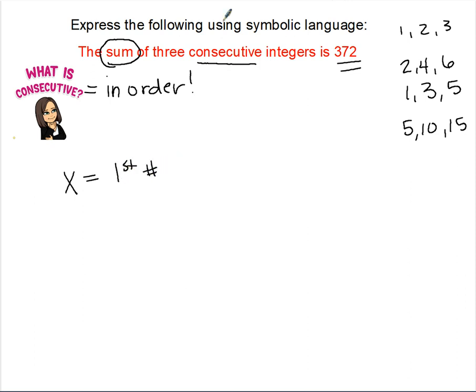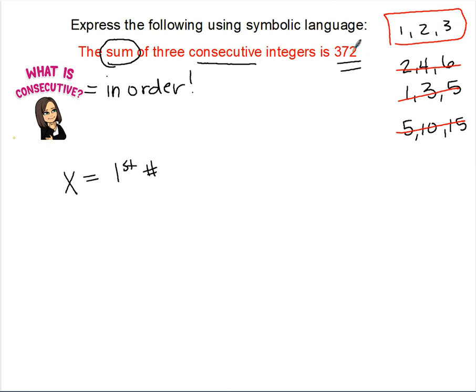Now, we know that there are 3 consecutive integers. Do we care? Are they odds? Are they evens? Yeah, they didn't say, right? So we know these are out. It is literally going to be something in a row. Now, it's obviously not going to be 1, 2, and 3, or 1 plus 2 is 3, and 3 plus 3 is 6.